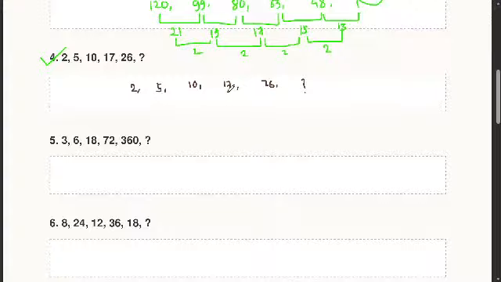So if we add 9 to 17, we will get 26. If we add 7 to 10, we will get 17.